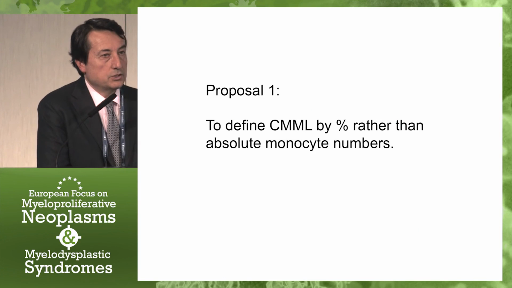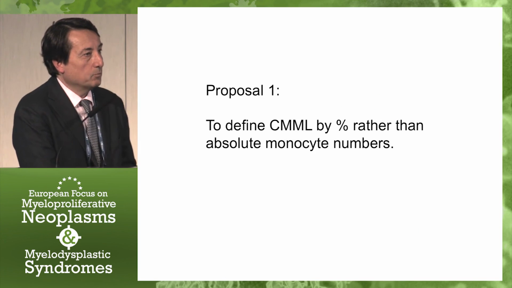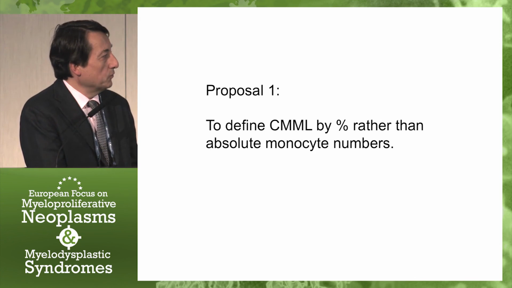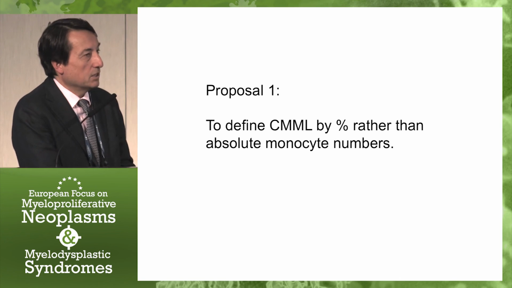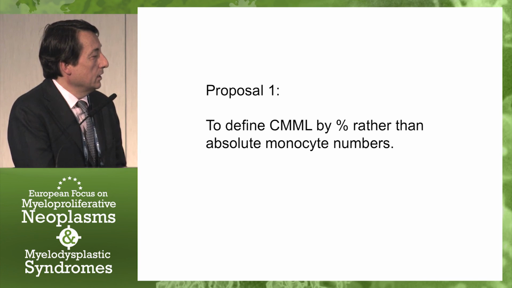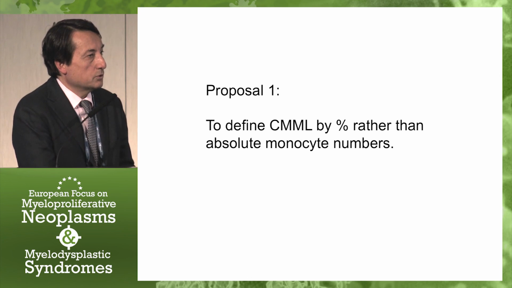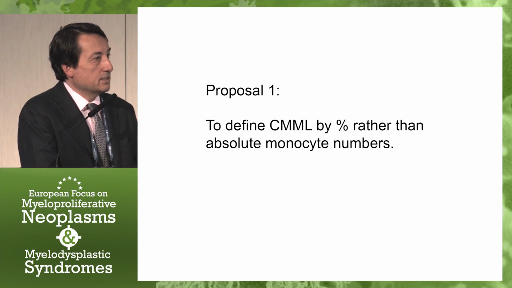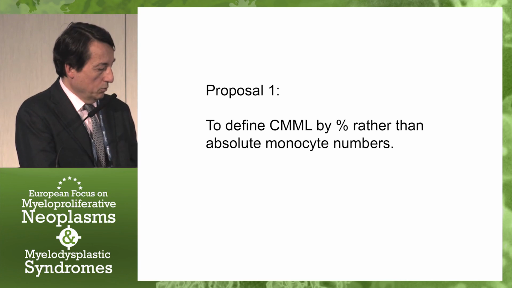So I will finish here my talk with one proposal and one hope. The proposal is for the people involved in the classification of this disease to try to sort out the problem of overlapping between CML and aCML in terms of absolute versus relative number of monocytes. This would help the research in clarifying who is who.